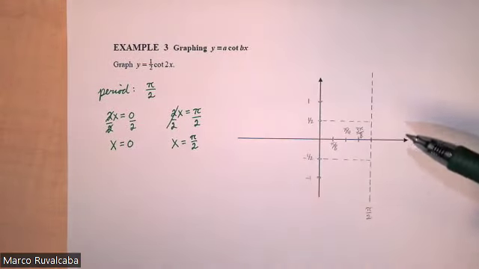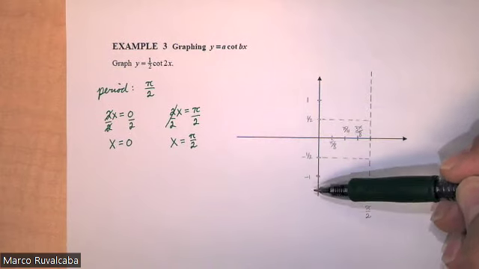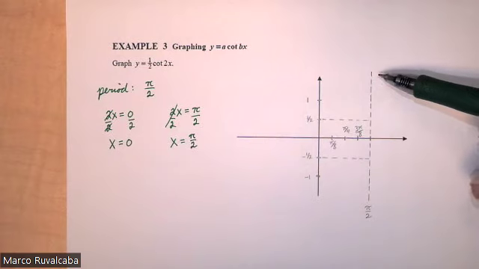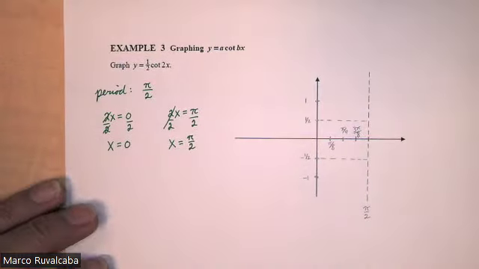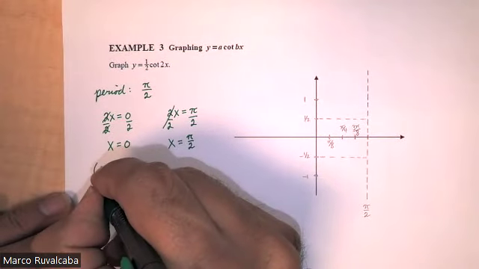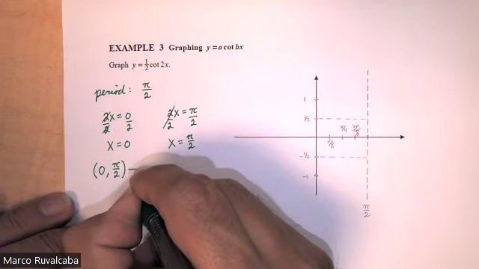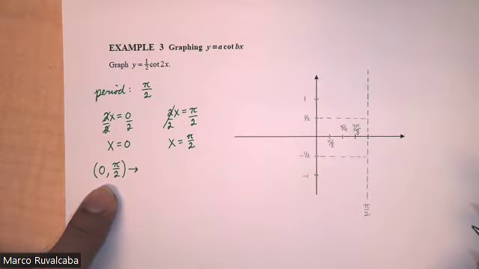So at 0 and pi halves, there's an asymptote right here on the y-axis. I didn't mark it, but it's the y-axis, and then the other asymptote is at pi halves right here. Okay. And so your interval of interest is between 0 and pi halves. And if you divide that by 4, that would be pi over 8.